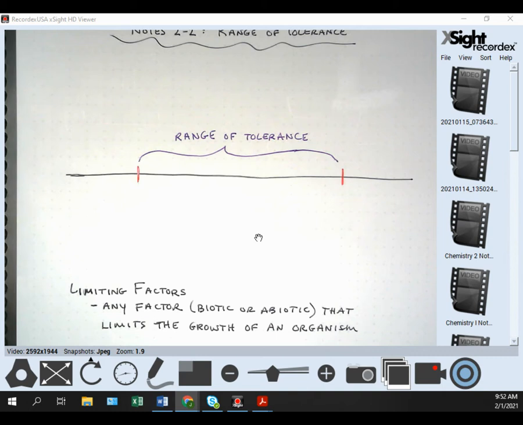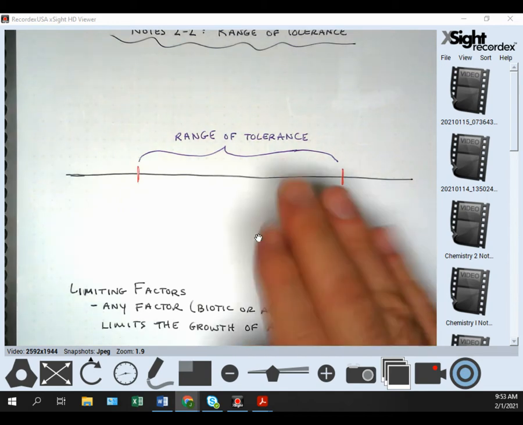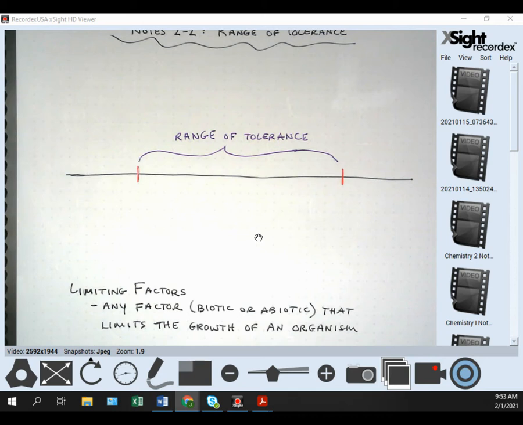Like a tropical plant or something like that. That's because the plants have a range of tolerance, a range of temperatures that they can tolerate from high to low. If it got really super hot, a lot of plants can't handle that either and it would burn them up, right?